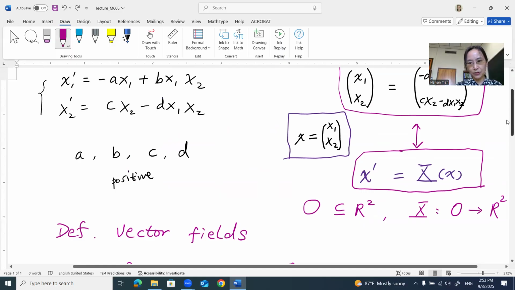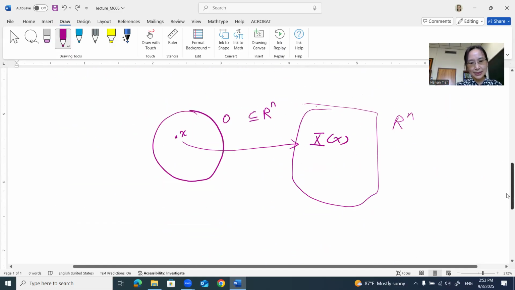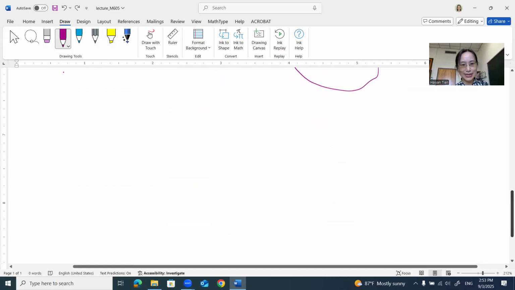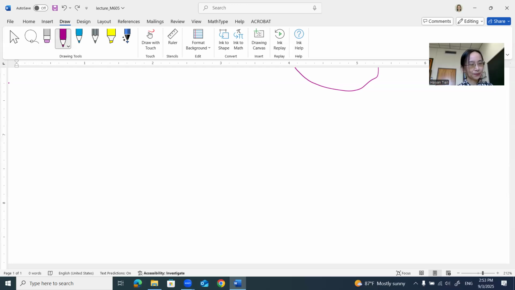Okay, so we want to write it into the component form. So let's express it in the component form just to get familiar with the notations. In the component form, because our capital X, the image of this small x, is a new vector, we want to write it into n components. This image is again in Rn. So we need to express it.